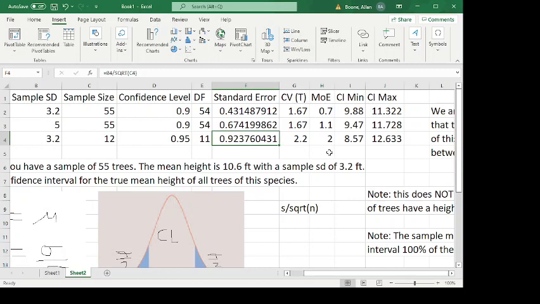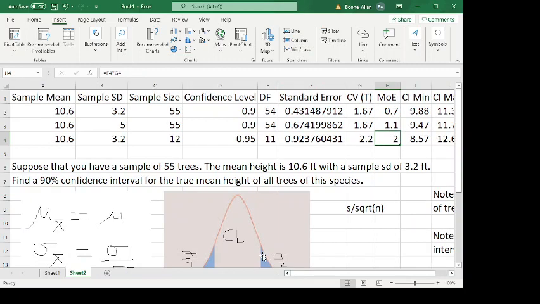I should also note as a caveat that if you have a small sample size, then you want the underlying population to be normally distributed. And so that's another little note. If the sample size is small, this is only valid if the underlying population is normally distributed.